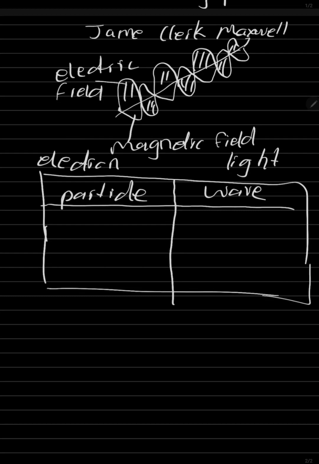So now let me fill this table with light. When we are saying light is a particle, what's happening? There is a famous experiment in history which was called the photoelectric experiment.